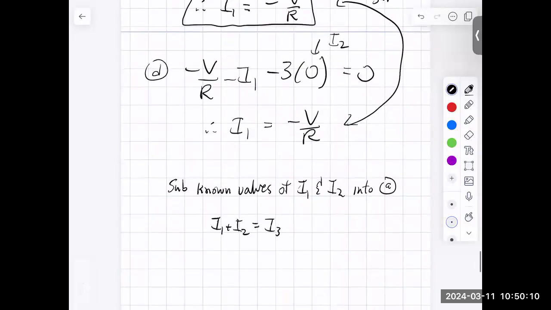So I1 we know is minus V over R. I2 is 0. And so therefore I3 is equal to minus V over R.